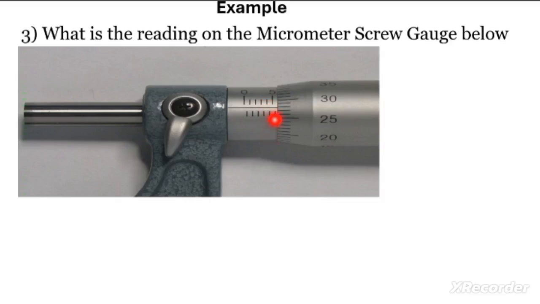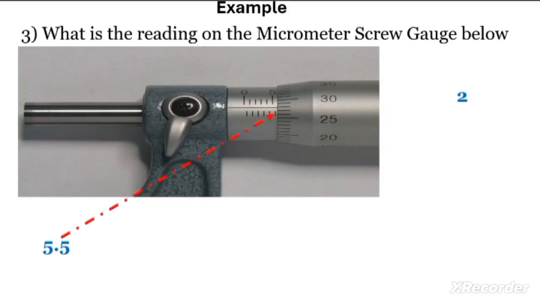So the last mark before the sleeve scale is 5.5. Therefore, the main scale reading is 5.5.